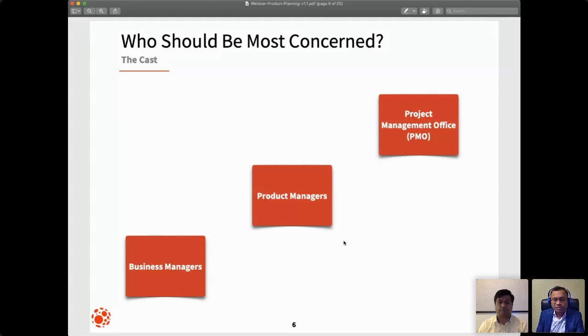Business managers, sometimes people call product owners, whoever is in charge of taking responsibility for the business goals of the product. And product managers, who are in the toughest seat, always having a list of priorities and defending them before they are developed, while they're being developed, and after they are developed, justifying and saying why you're right.